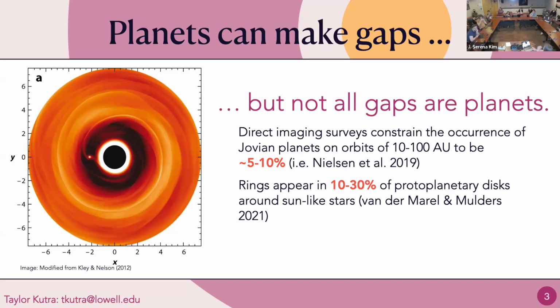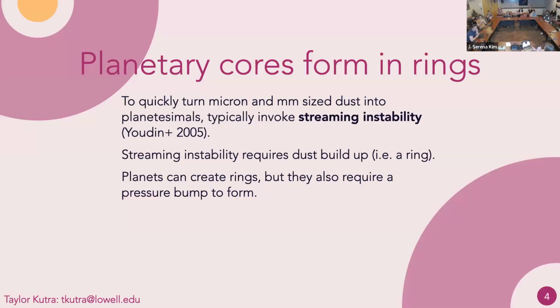So there seems to be a non-commensurate problem with the occurrence rates. And even if these two occurrence rates really did match up, there's another problem when we tell the story of planet formation. Typically, when we want to turn micron-sized, sub-millimeter-sized dust particles into larger planetesimals, we invoke things like the streaming instability. In order to successfully have streaming instability, you need an enhanced dust to gas ratio, which is conveniently found in these dense rings in the protoplanetary disks.